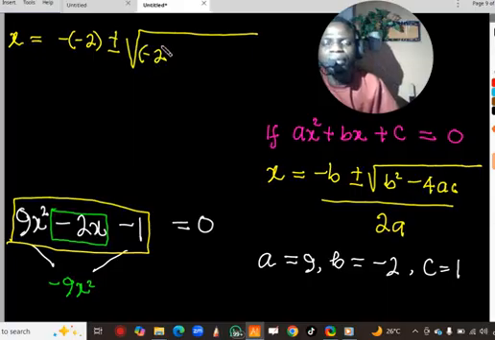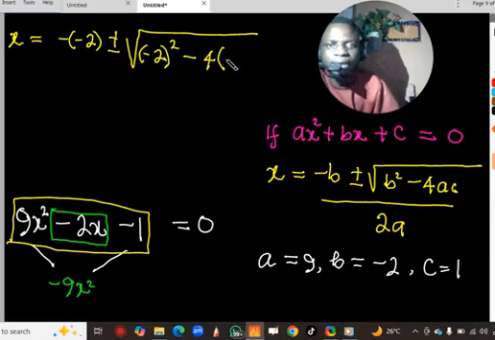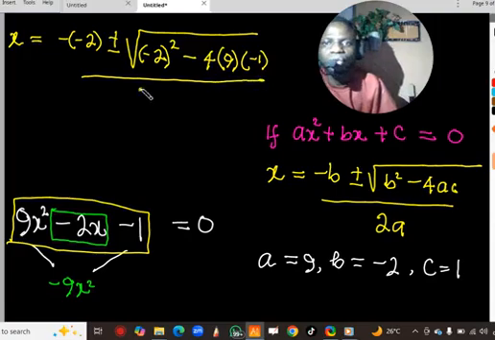Yes, please be very careful with your signs. Minus 4 into our a, which is 9, then our c is negative 1. Close it. Then all divided by 2 into a, which is 9.